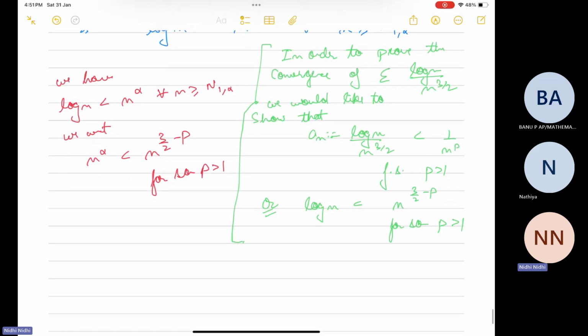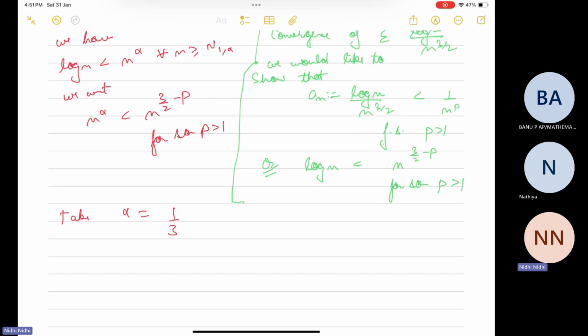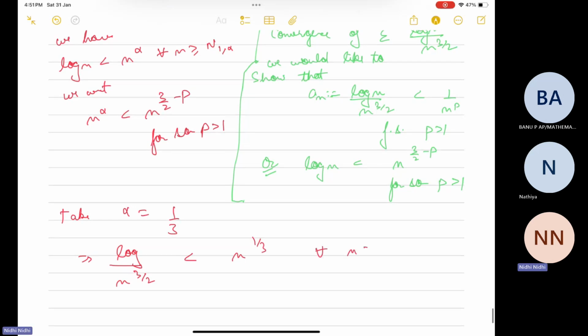Now if I take this alpha to be 1 by 3, in that case I will get log n upon n to the power 3 by 2 will be less than n to the power 1 by 3 for all n greater than equal to n1 comma alpha, where alpha was 1 by 3. Sorry, yeah, here we'll have 3 by 2 as well.